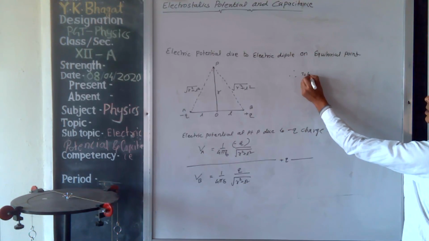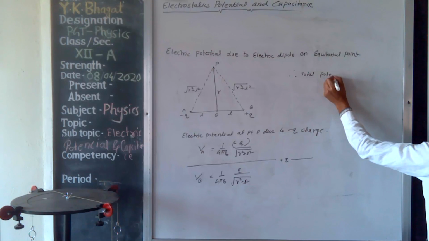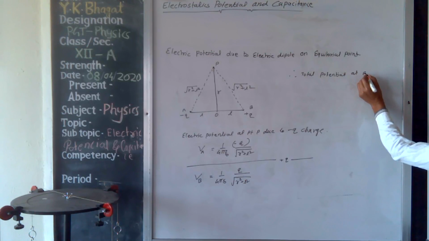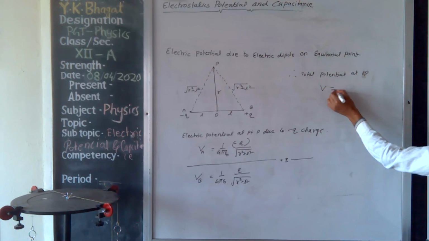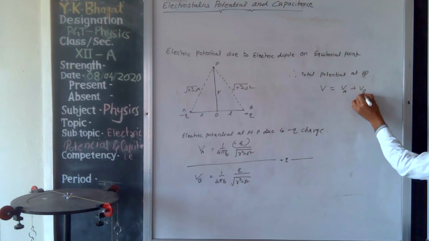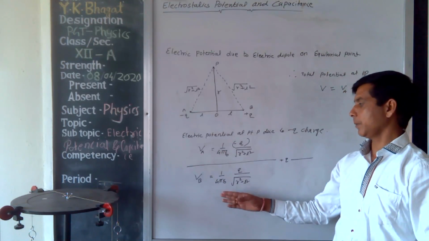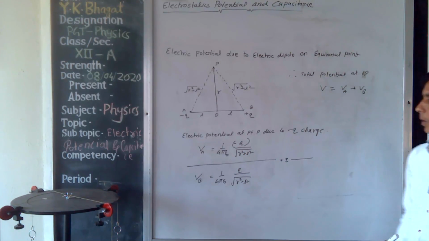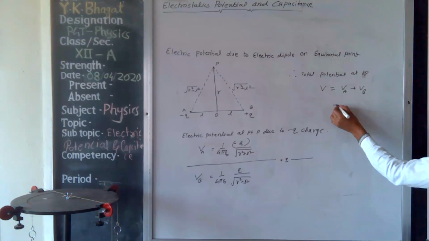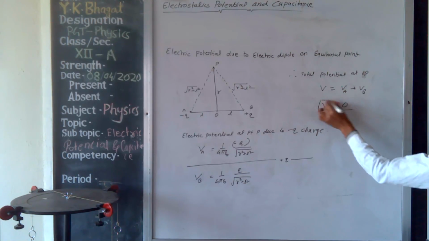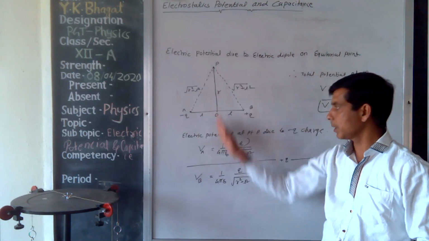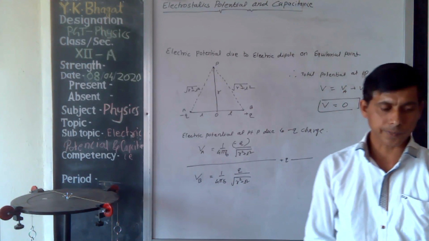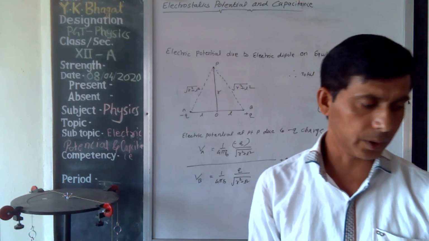Therefore the total potential at the equatorial point P will be VA plus VB, and we know that VA and VB have equal magnitude but opposite sign, so it will be 0. It means on the equatorial point of the dipole the potential will be 0. Okay, now the next topic, due to another charge.